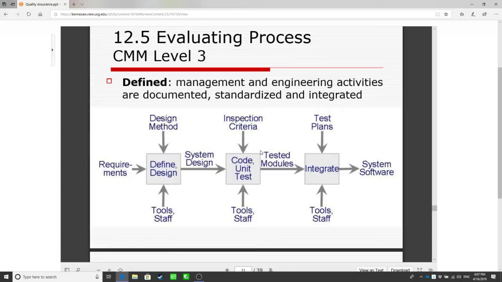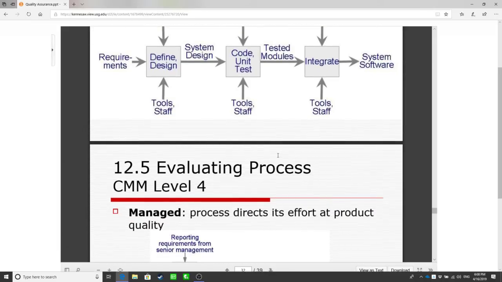So here we have a more detailed, specified process in CMM3, so that we can measure each of them. So that's CMM3.